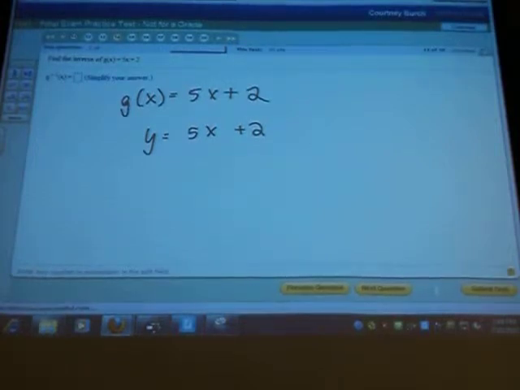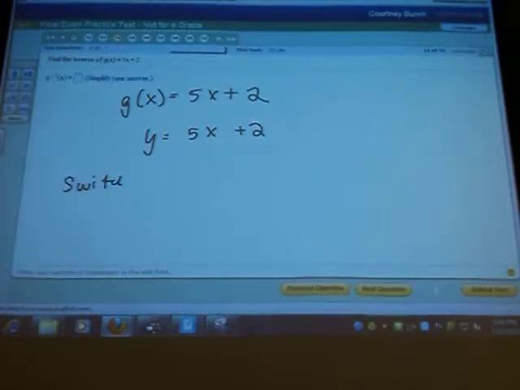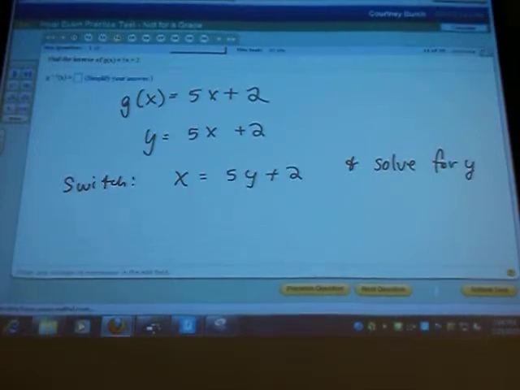So if I switch my x and my y, I start with y equals 5x plus 2. When I switch it, I get x equals 5y plus 2. And you want to solve for y. So to solve that for y, I need to subtract 2 from both sides.